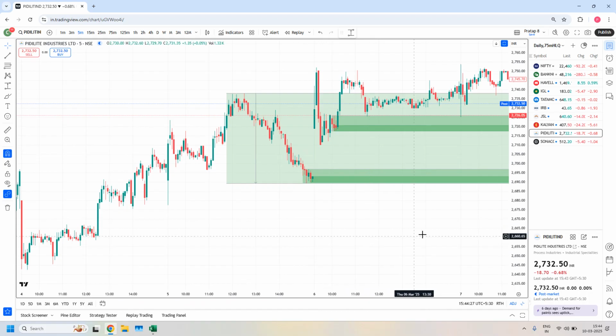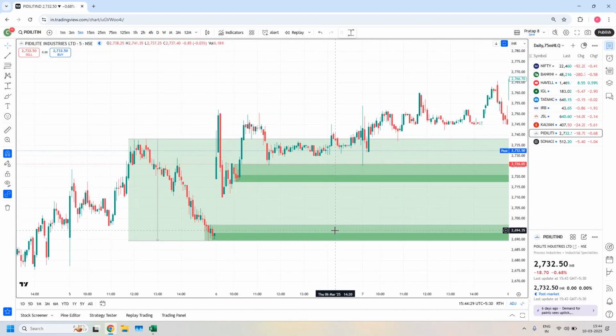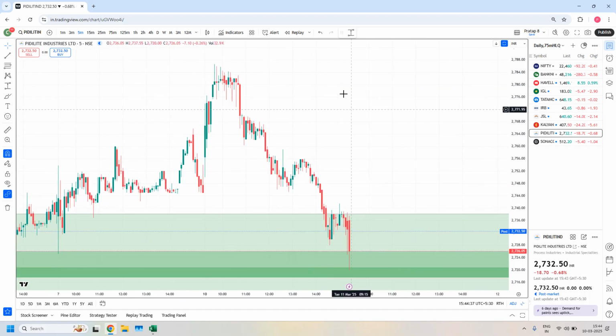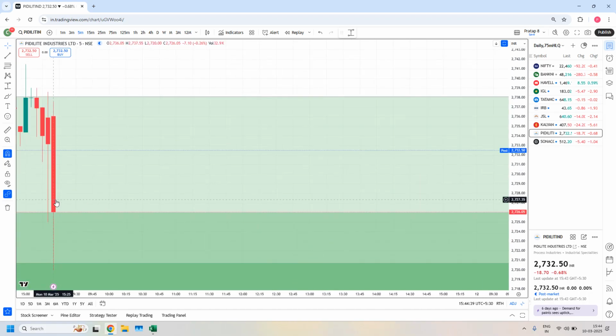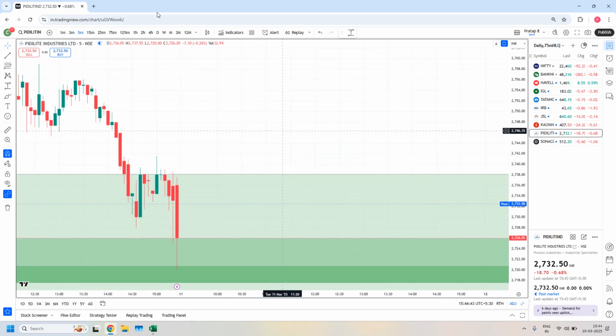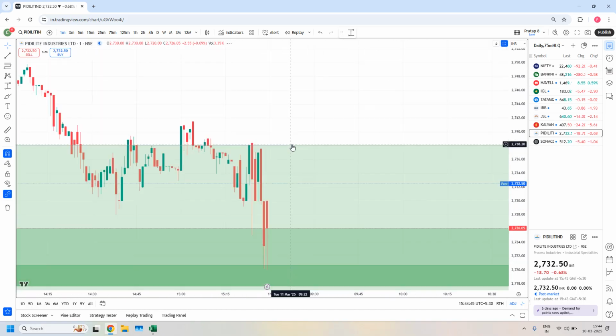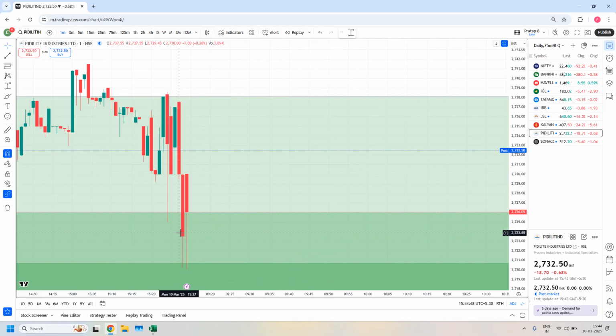Before I started recording this video, I think today I started at 3 o'clock or maybe 3:05, at the time these zones were not tested. But I think in the last 5-minute candle, prices entered and sharply came up. If you look at the 1-minute time frame, it reached at the 15:28 candle and 15:29 candle.